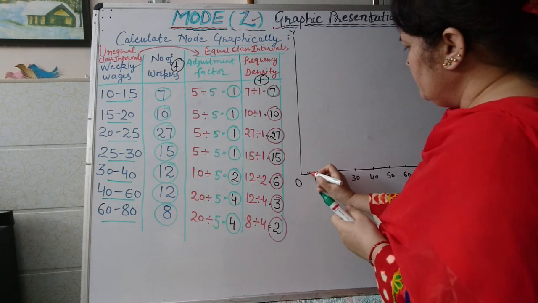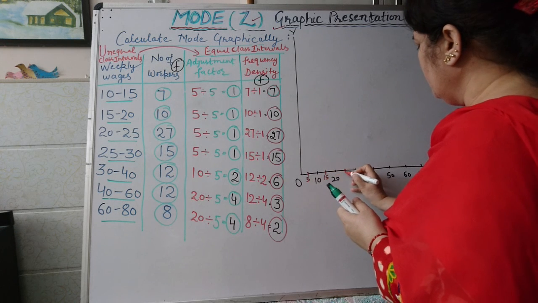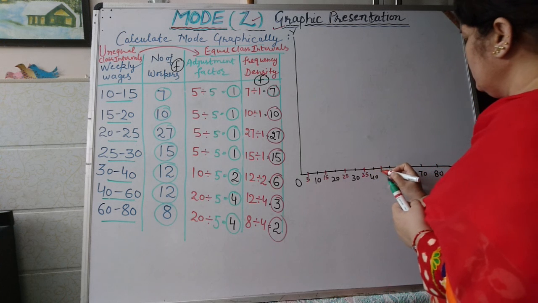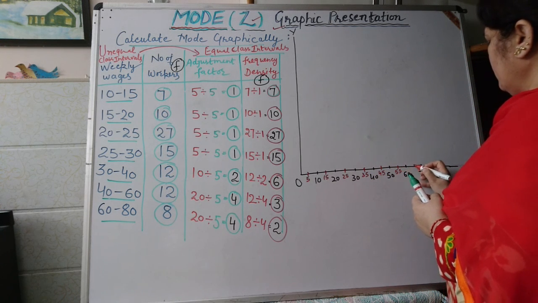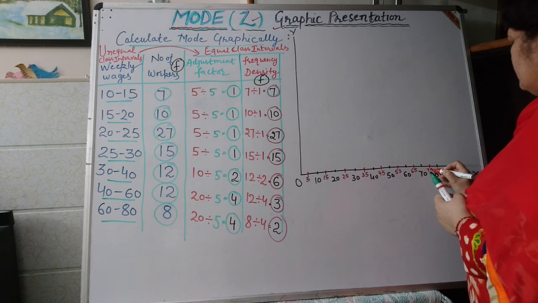Further division 5, 15, 25, 35, 55. I am using a different color because we are not using graph paper.